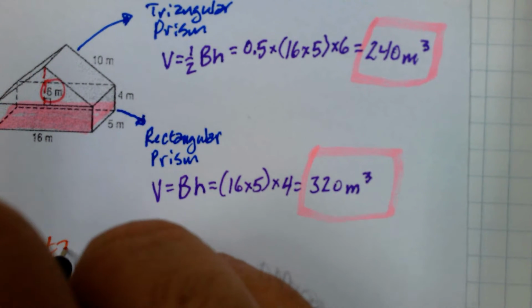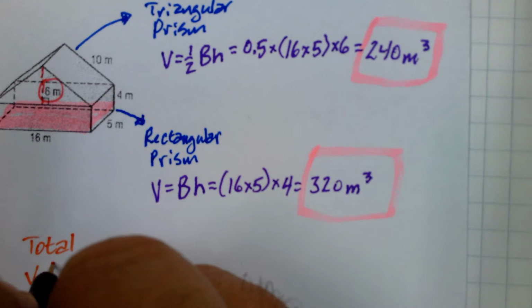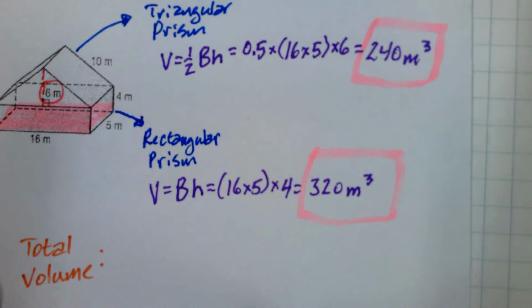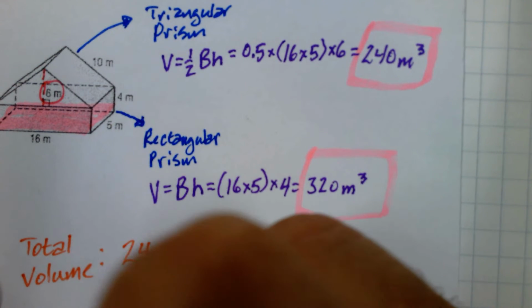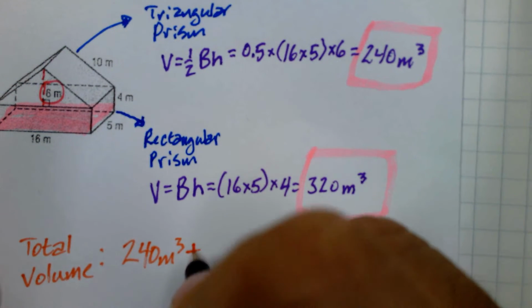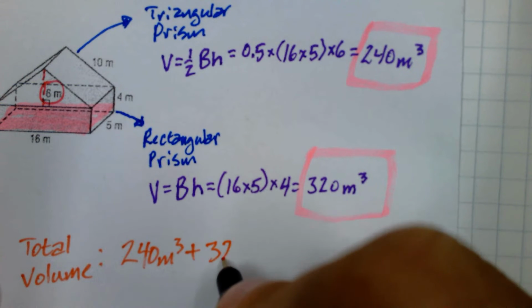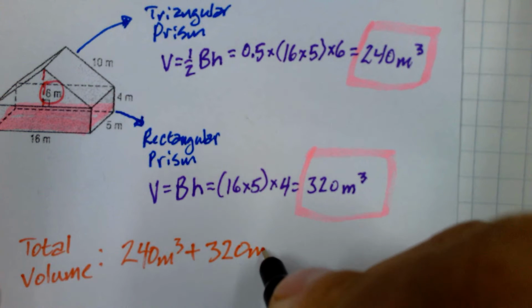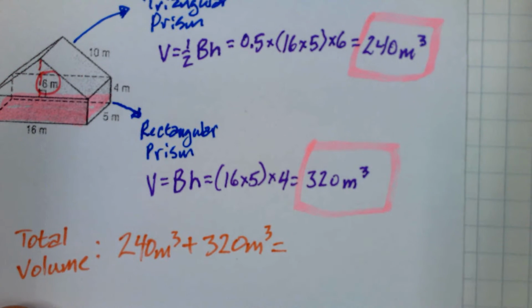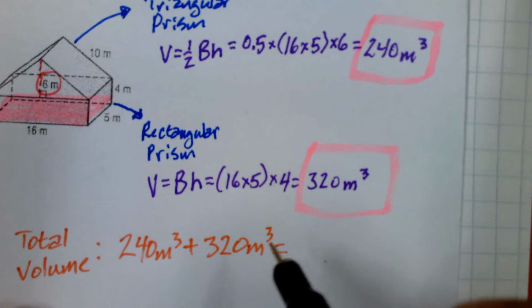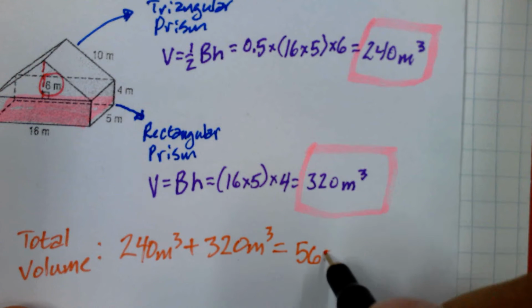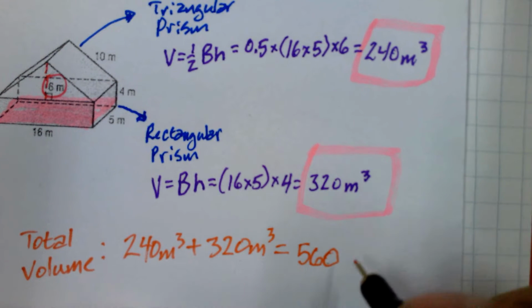Total volume. That's going to be 240 cubic meters plus 320. How much is that going to give us? Let's see. 560. What are the units here?